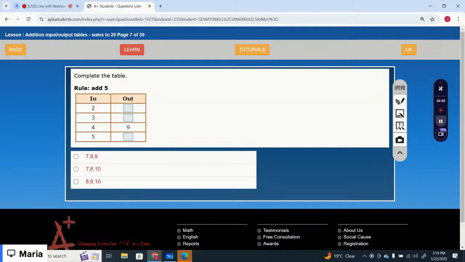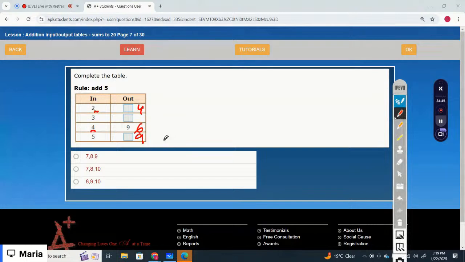Complete the table. You have to add 5. Add 5. 2 plus 5 makes 7. 3 plus 5 makes 8.